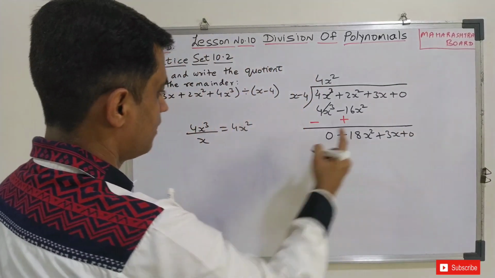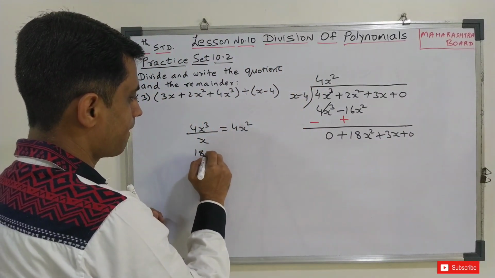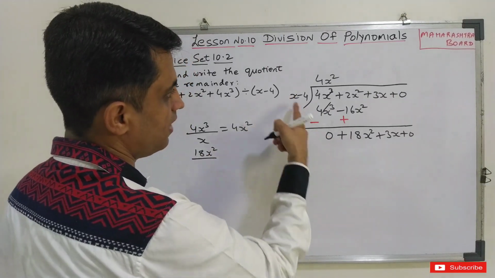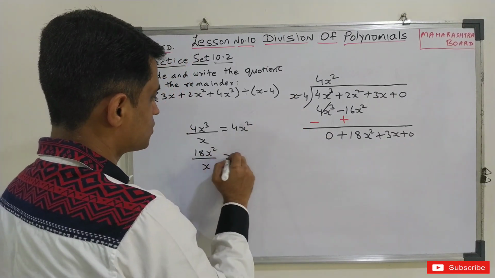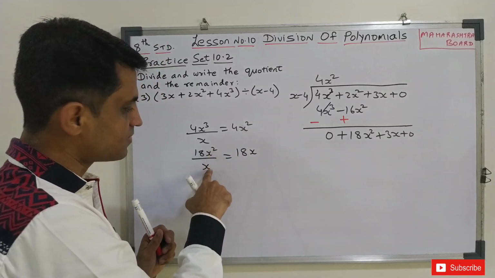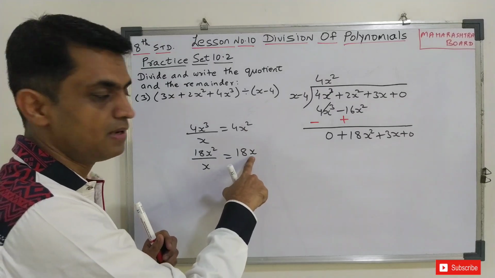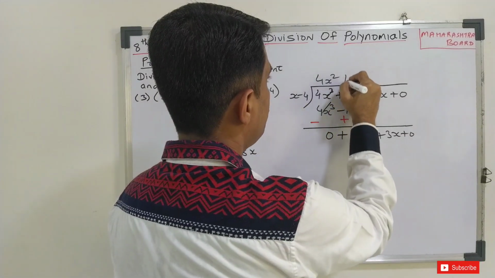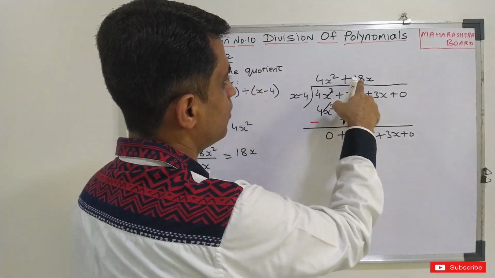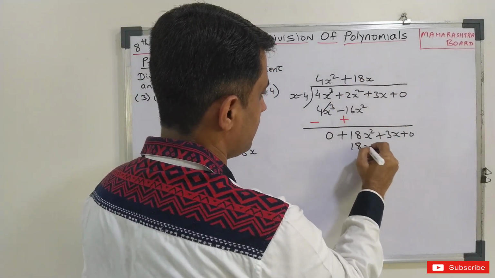Now the next step: 18x square divided by x. Only first term divided by first term. So what will you get? 18x, because this 1x will get cancelled with this 1x, so only 1x will be left. So what will you write here? Plus 18x.